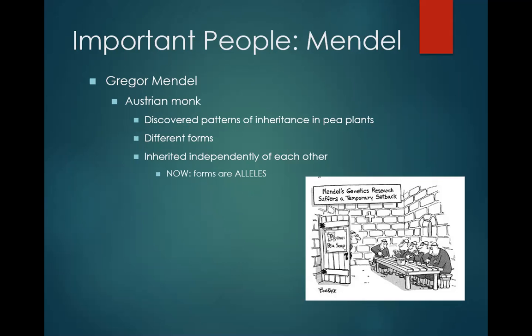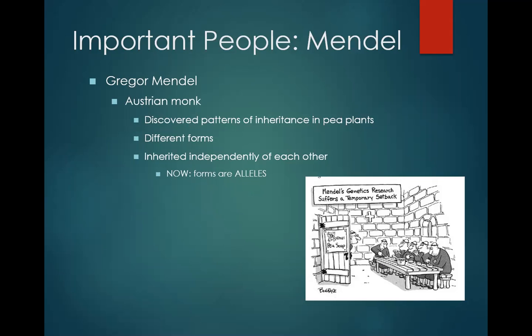Gregor Mendel was an Austrian monk, and what he did was study pea plants. He actually started by studying mice, but the mice overran the monastery and nobody really wanted them. So he moved over to pea plants, which he could study very easily. Without really understanding how genes worked, he found that there were different forms of particular genes, and that those different forms encoded different traits.